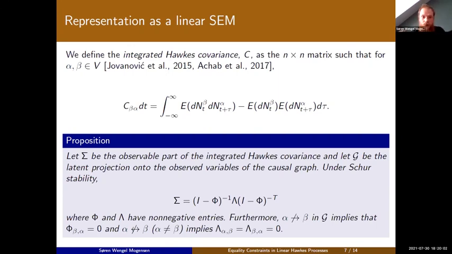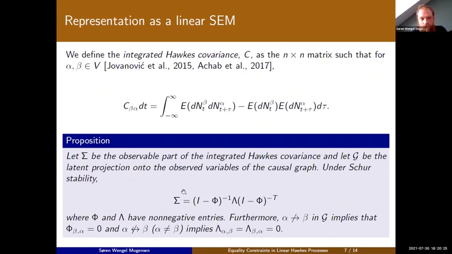So this is an observable quantity. When I only have partial observation, I'll denote the observable part of this matrix by sigma. It's this matrix that has a very nice representation, because under some regularity, I can write it as is done in the proposition.